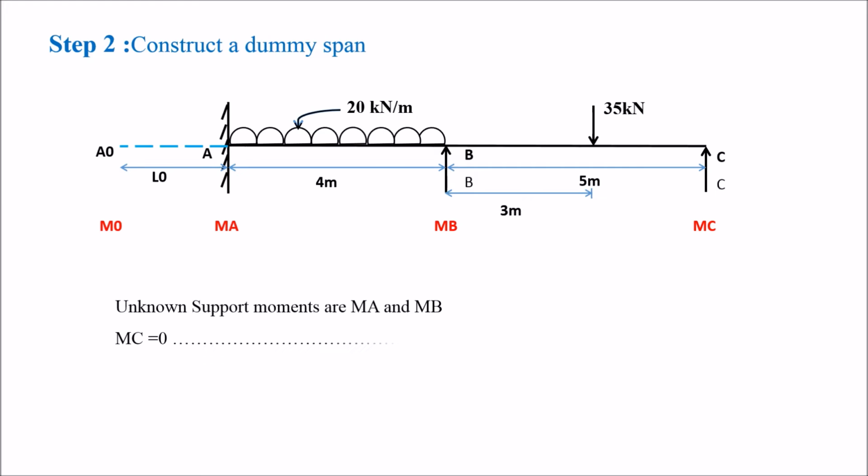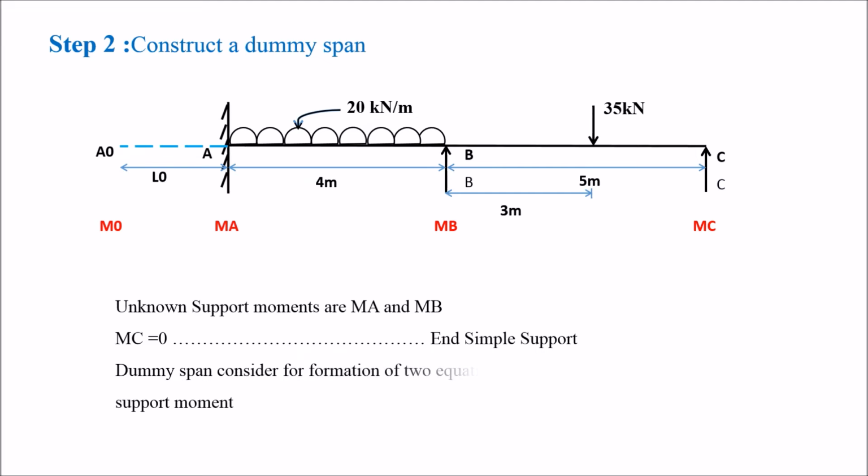And the moment at C is equal to 0 because it is an end simple support. So this imaginary or dummy span is considered for formation of two equations for calculating the two unknown support moments.